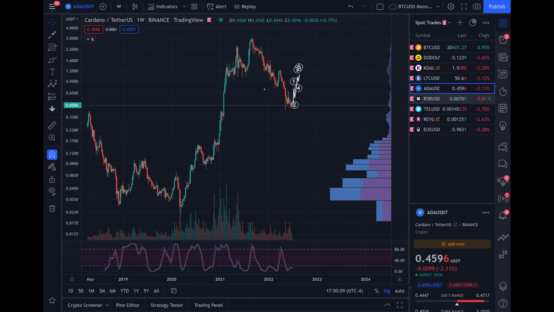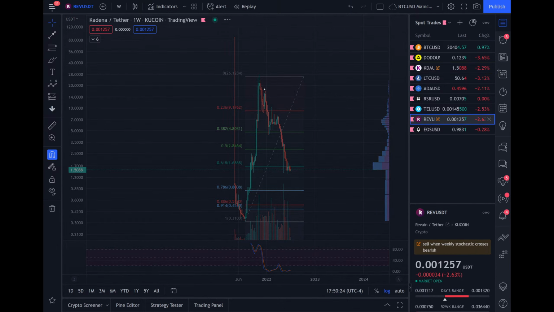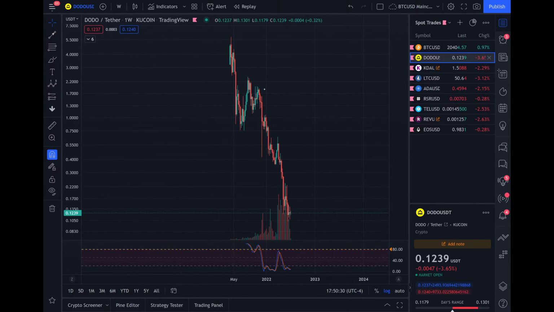The majority of my positions cannot be liquidated. I can't lose. I basically just have to wait. Cardano can't lose because it's just a spot position. I sell when I want to sell. Same with Ravane. Dodo's my pocket money one, but I have a big position there that is spot. It's all risk management, my friends.